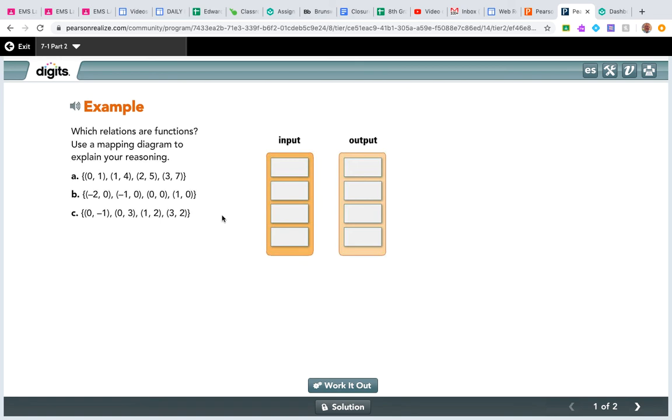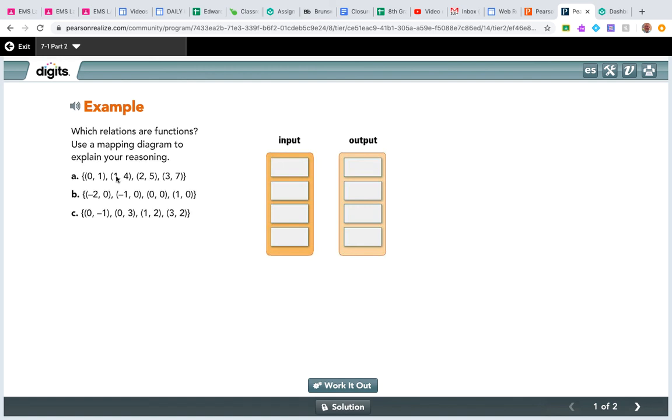Okay, so see these ordered pairs here: 0, 1; 1, 4; 2, 5; 3, 7. Remember the x-coordinate is the input and the y-coordinate is the output. Is there any input going to more than one output for A? Well, where's 0 going? To 1. Only to 1. That's like Paige going to Rallies. Good. This 1 here is only going to 4. It's not going anywhere else.